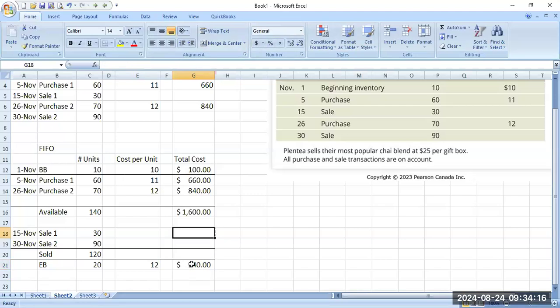If my ending inventory is 240, my available is 1,600. How much is the cost of goods sold? That's where the question is. That will be equal to 1,600 minus 240. So my cost of goods sold is $1,360. Make sense?